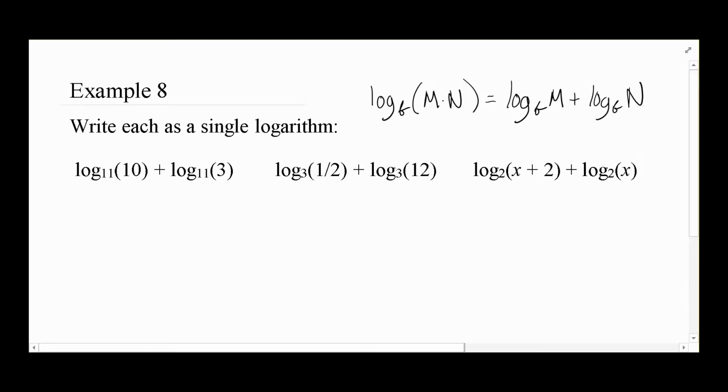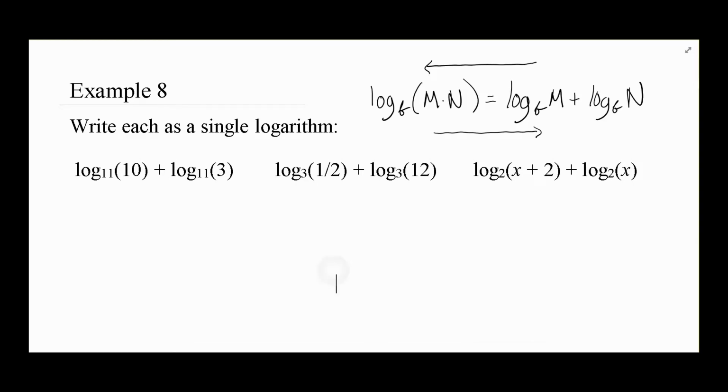I want to point out that this rule, just like any other rule in math, can go either way. There are times that we go left to right, that we start off with a single log and write it as a sum of logarithms. And there are times that we go right to left, that we have a sum that we rewrite as a single logarithm. The directions here indicate that we want to write this as a single logarithm, so we're doing the right to left direction.